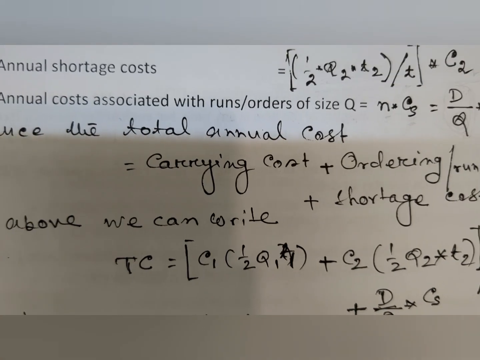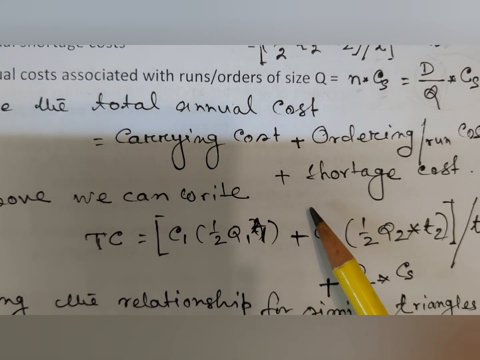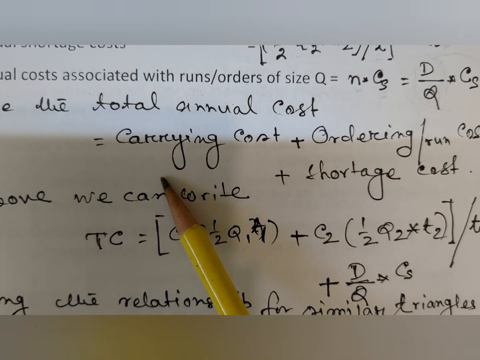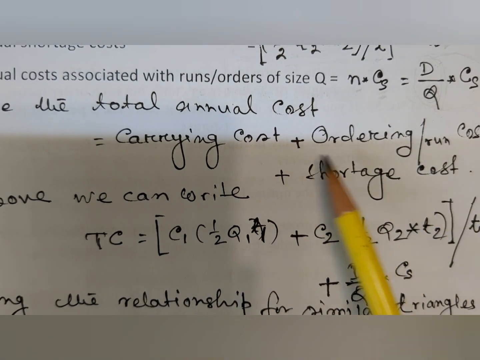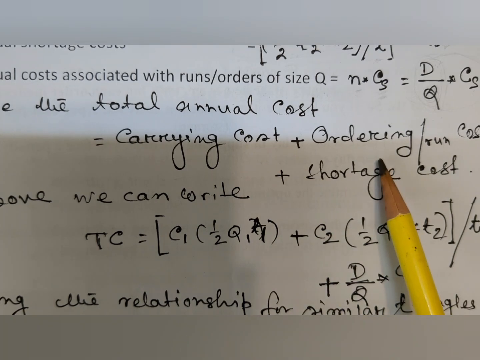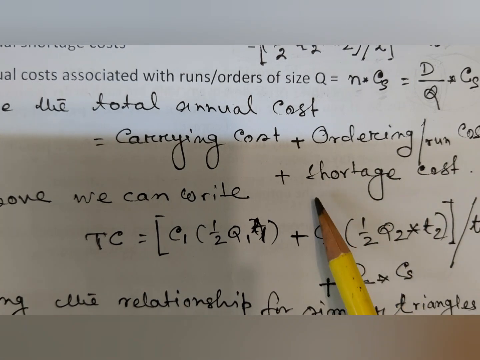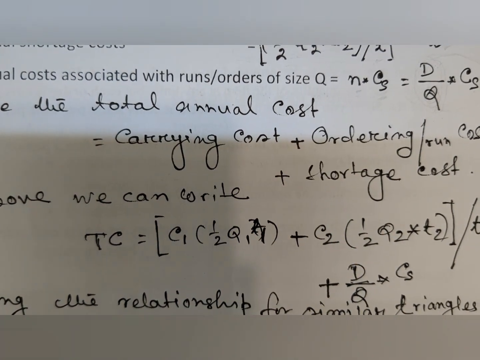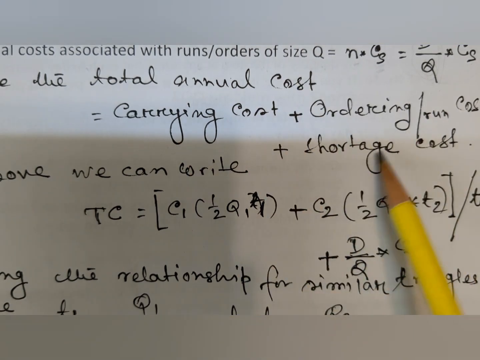Next, from above we can write the total annual cost will be the carrying cost, plus the ordering cost for the period, plus the shortage cost. These three types of costs are involved to get the total cost. If it is annual, then for annual all the costs have to be added.